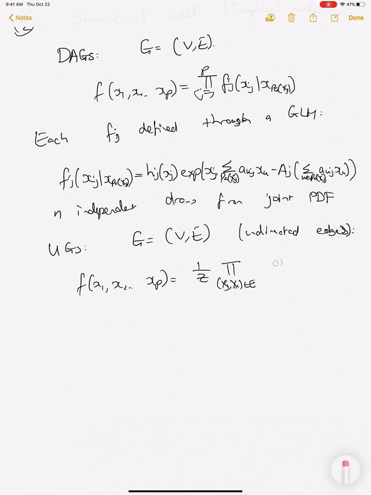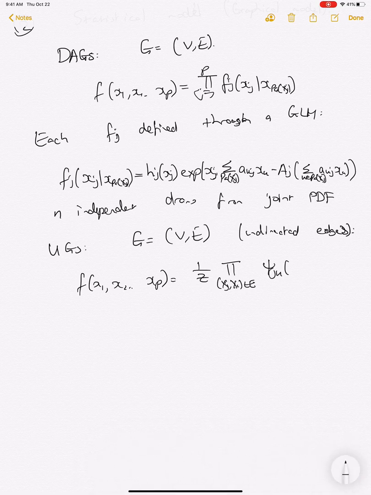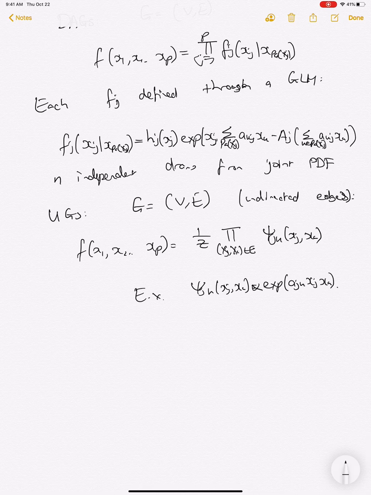It's defined in terms of these potential functions. Just to take an example, let psi jk of xj, xk be proportional to exp of ajk xj xk, because we might have other terms involving xj squared and xk squared.